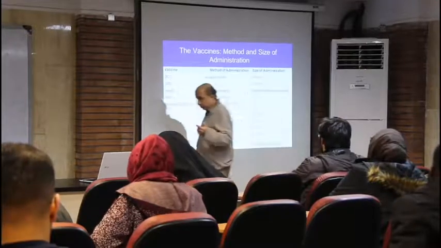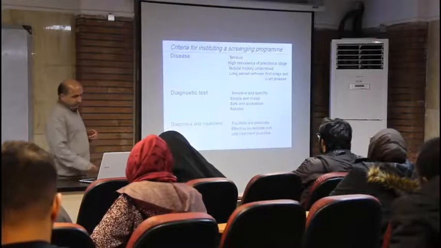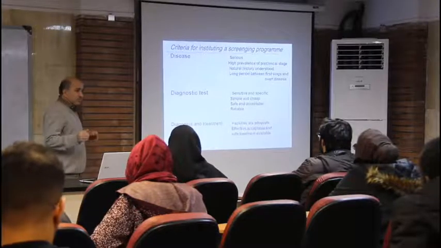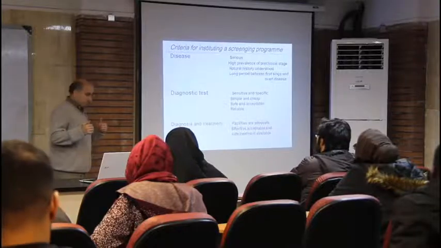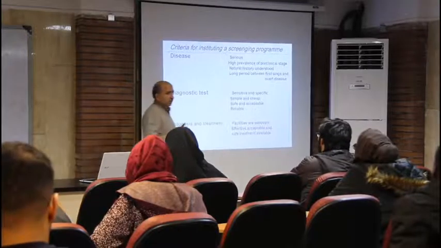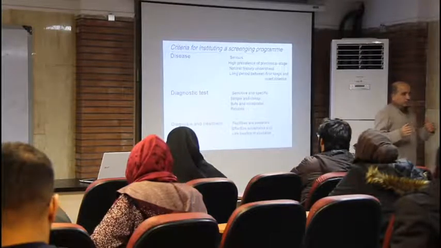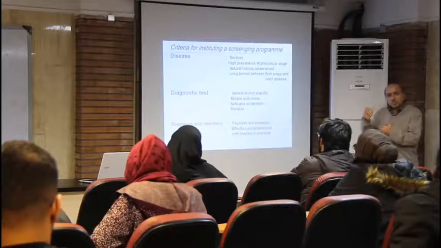So please pay attention to these differences. I appreciate my friend because he explained well about the immunization plan in Iran, and we can pass it because I think this package for immunization is sufficient for you, so we can go to another topic.